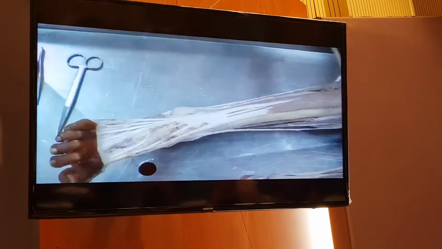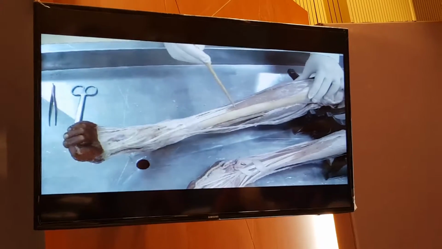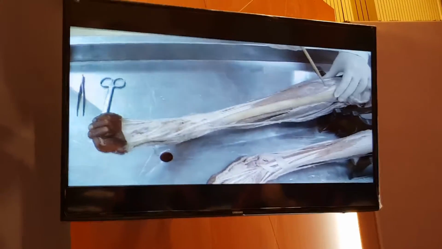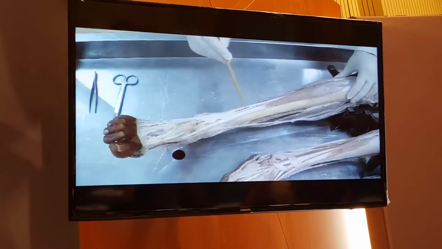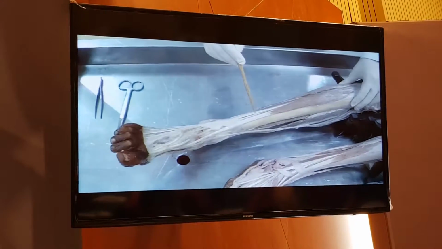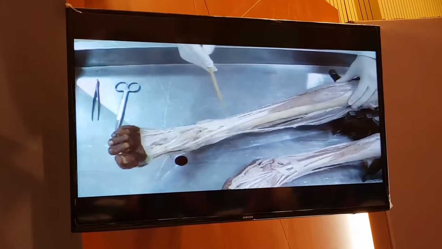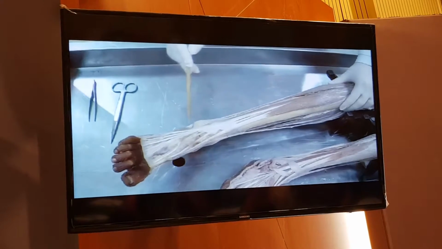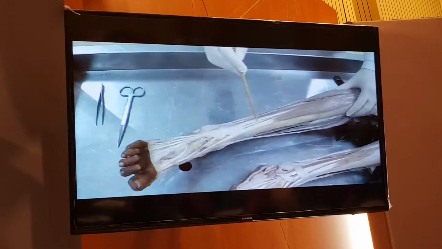So in the anterior compartment of the leg, you can see on the medial side the tibialis anterior muscle, and then extensor hallucis longus, just lateral to the tibialis anterior, and lateral to it and most superficial is the extensor digitorum longus muscle. Then you have the small muscle, peroneus tertius.